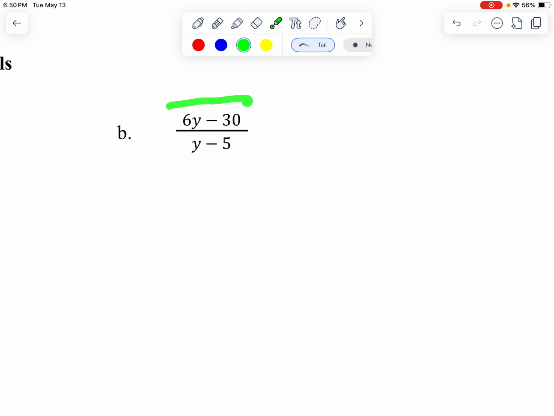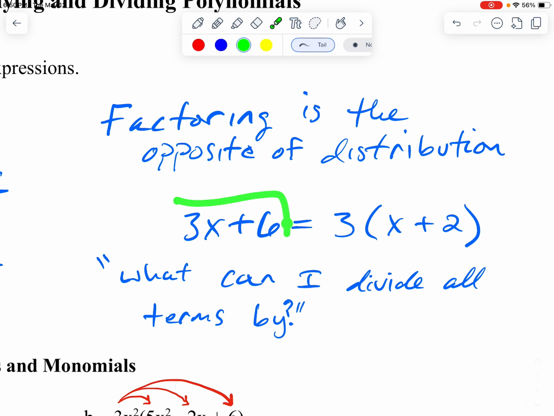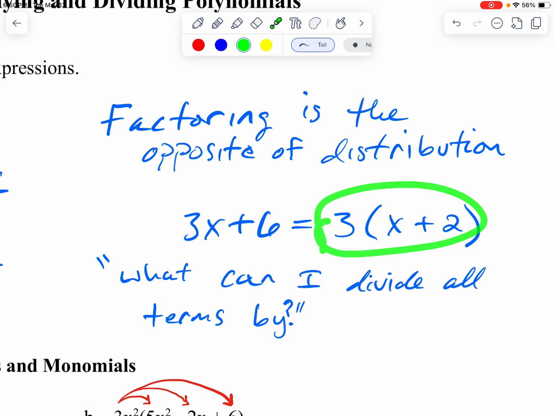In this case, if we look at this and we think about what's the biggest thing I can divide 6 and 30 by, you might notice that that's just 6. So if we think back to what we did up above here, if I started with this, we factor out the 3, we divide each term by 3, and we're left with this.